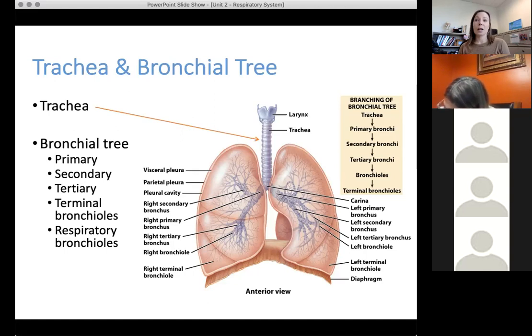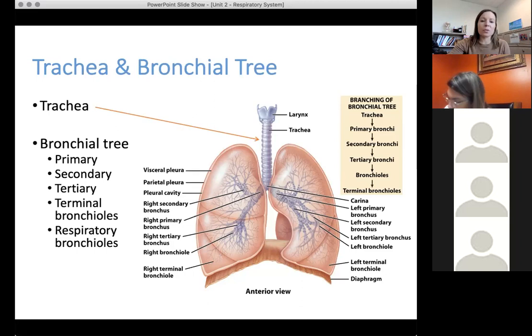Then finally, you have bronchioles. These are the smallest passageways. And the terminal bronchioles are the smallest of these. So they're the tiniest ones all the way out here. And these are all just carrying air through the lungs. They are passageways for air.